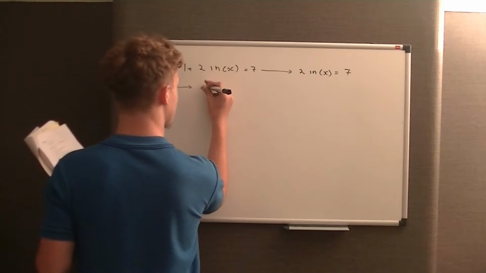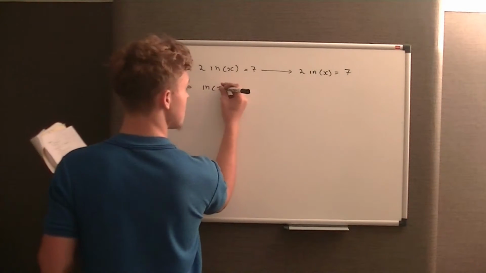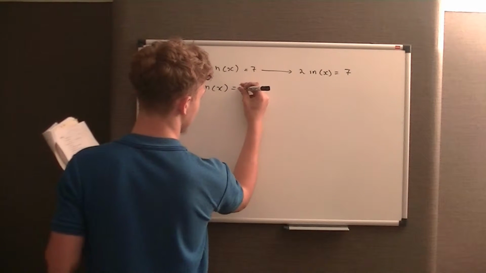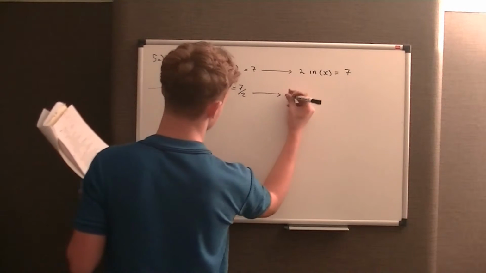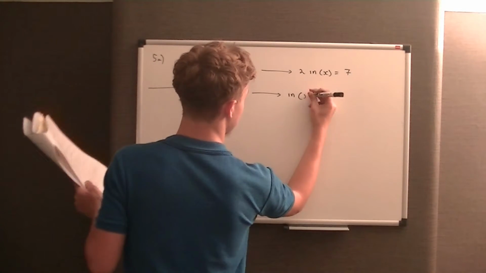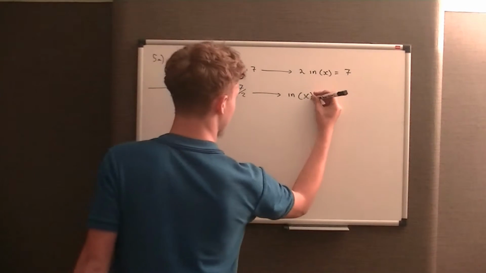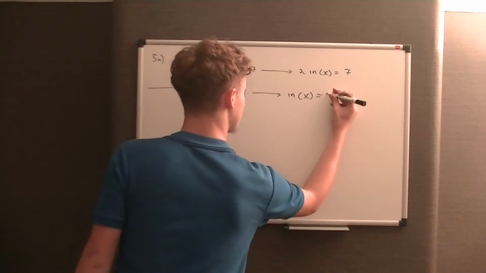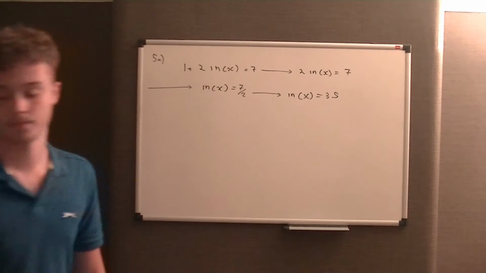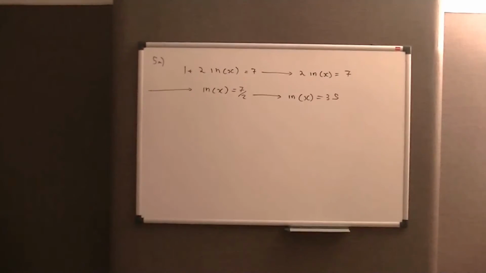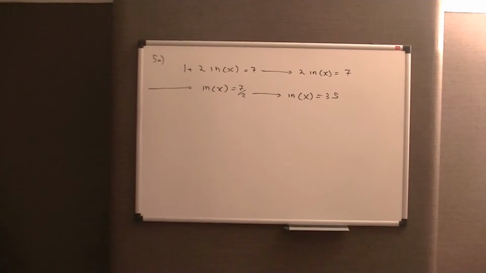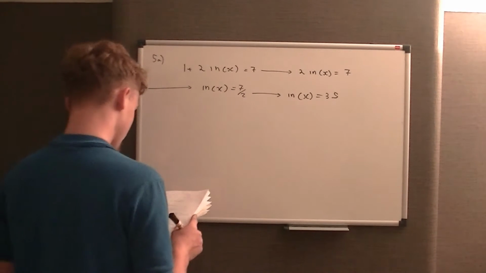And then we do ln of x equals 6 over 2, so ln of x equals 3. Well, no, let me double check.